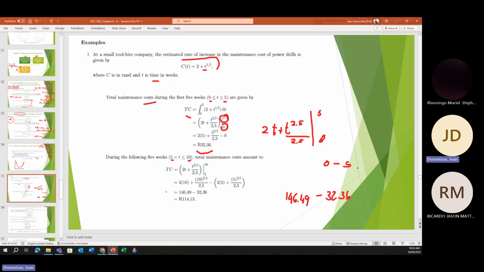So between weeks 5 and 10, the total maintenance cost would have been 114 Rand. So the first 5 weeks, total maintenance cost 32 Rand nearly. The next 5 weeks, it went up to 114.